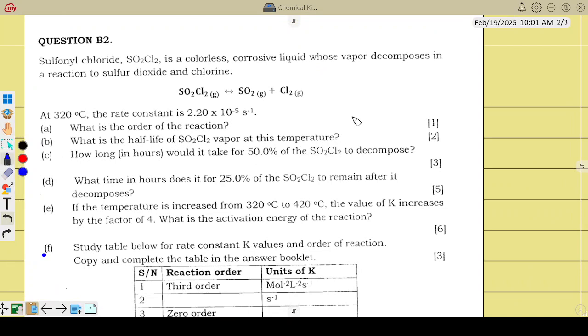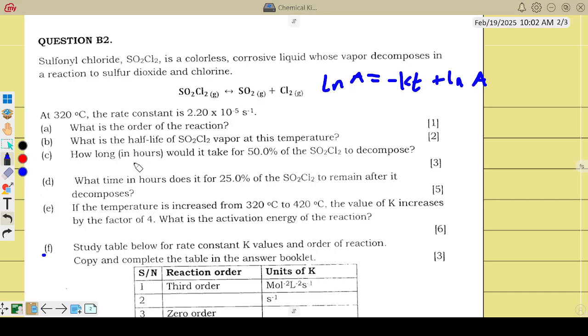I've even zoomed in so that you can see the sweet question. ln A is equal to negative kt plus ln A naught. So if you can see that I'm excited, but if you're not clear, you can just reach out. I'll teach you all over, even if it's for 5 hours, as long as you've understood.